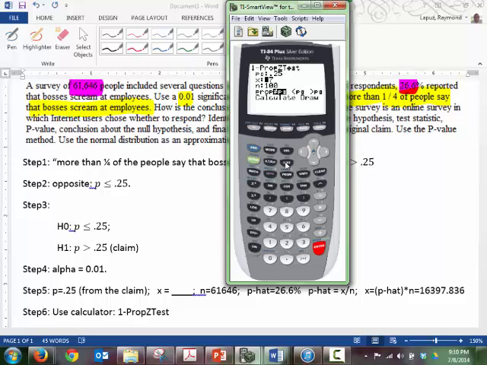Now x. If you didn't calculate x before we started this step, you could have still gone, what is 26.6%? So that's 0.266 times 61646. What's cool about this calculator is you can actually do the calculation here and press enter, but you have to go back there and remember to round it off.